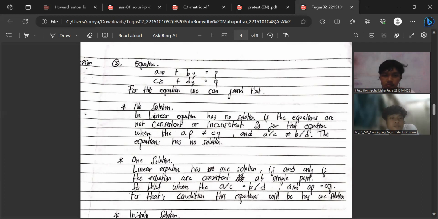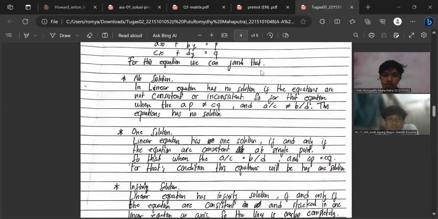In the third, we have the equation ax plus by equal to p, and cx plus dy equal to q. For that equation, we must find when it has no solution, one solution, and infinite solutions.